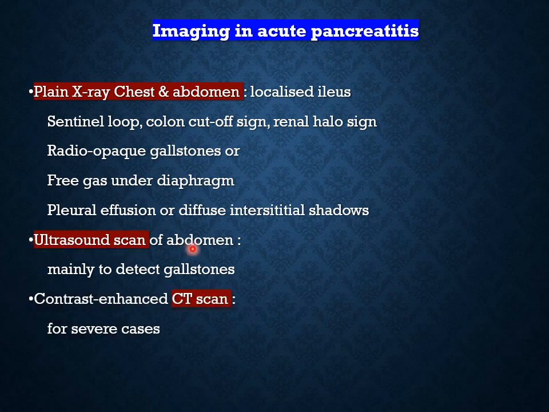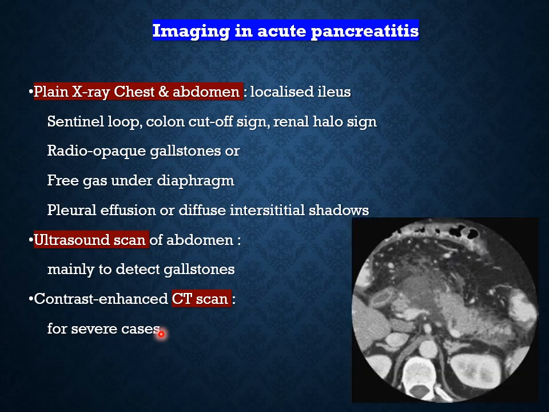Ultrasound scan of the abdomen is a very important initial investigation, aimed mainly to detect gallstones. Then contrast-enhanced CT scan is also very important for severe cases, especially to look for necrosis, enlarged pancreas, or formation of an abscess.